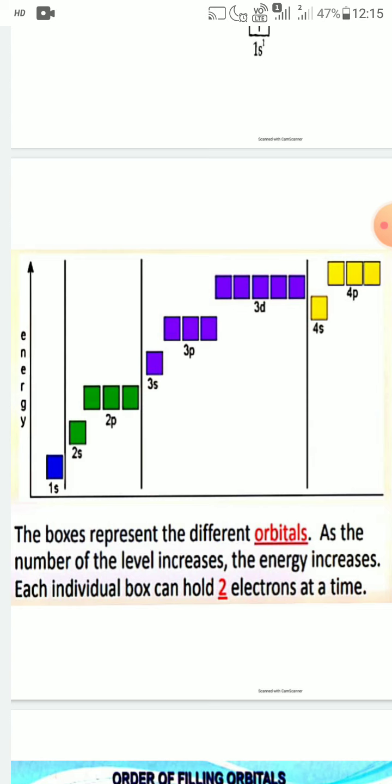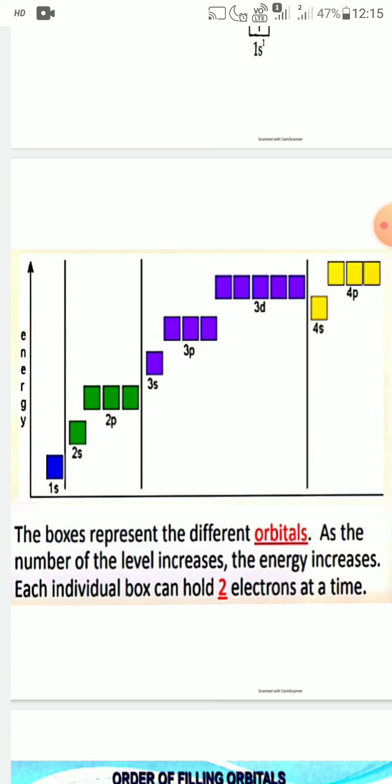The boxes represent the different orbitals. As the energy level increases, the energy increases, and you also know that each orbital can hold a maximum of 2 electrons at a time.